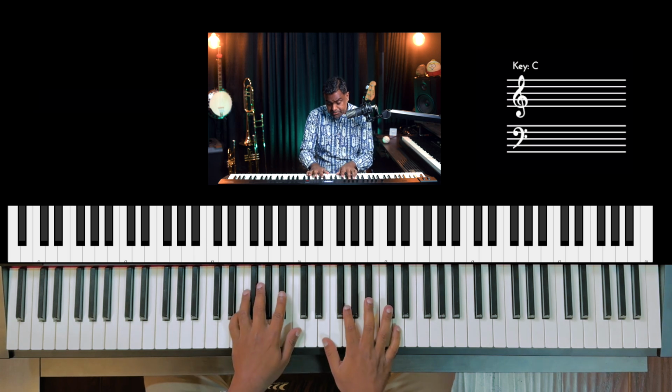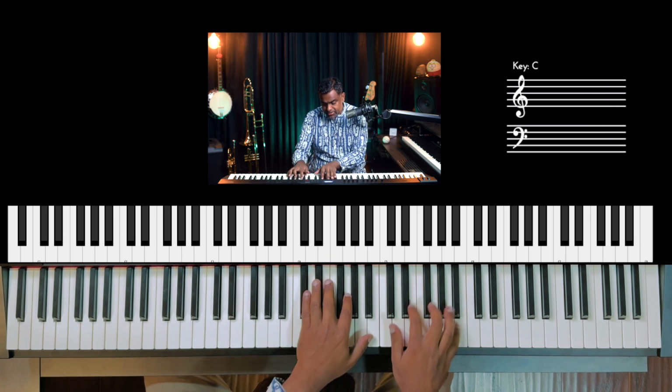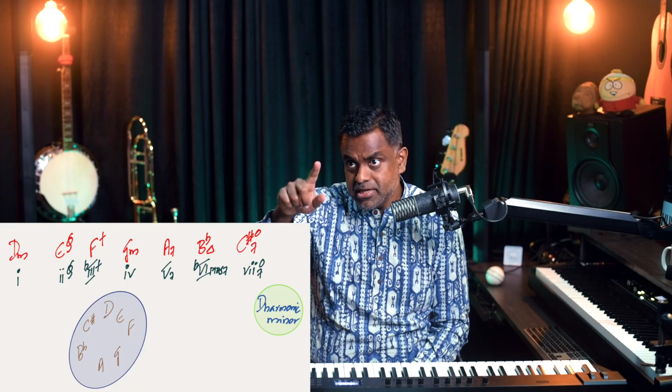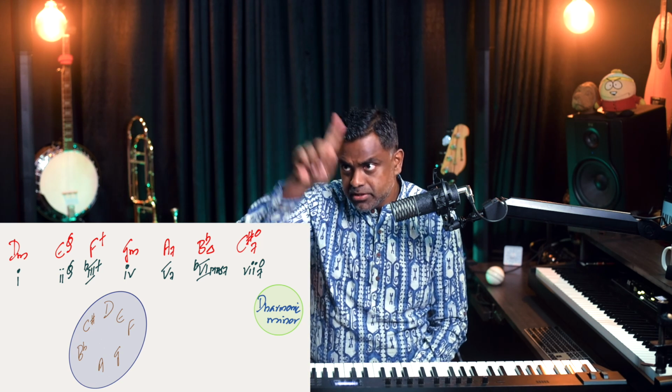So note, in the harmonic minor, the second degree is a 2 minor 7 flat 5, while the 7th degree is a diminished 7th chord. So we say both, the 7th degree you write 7 degree 7, for 2 you do 2 phi. Greek symbol phi would work.